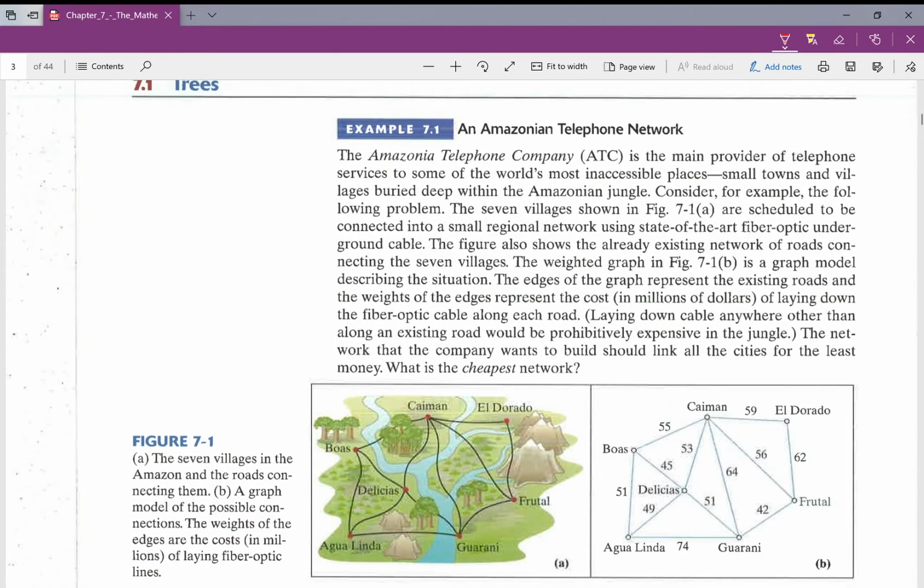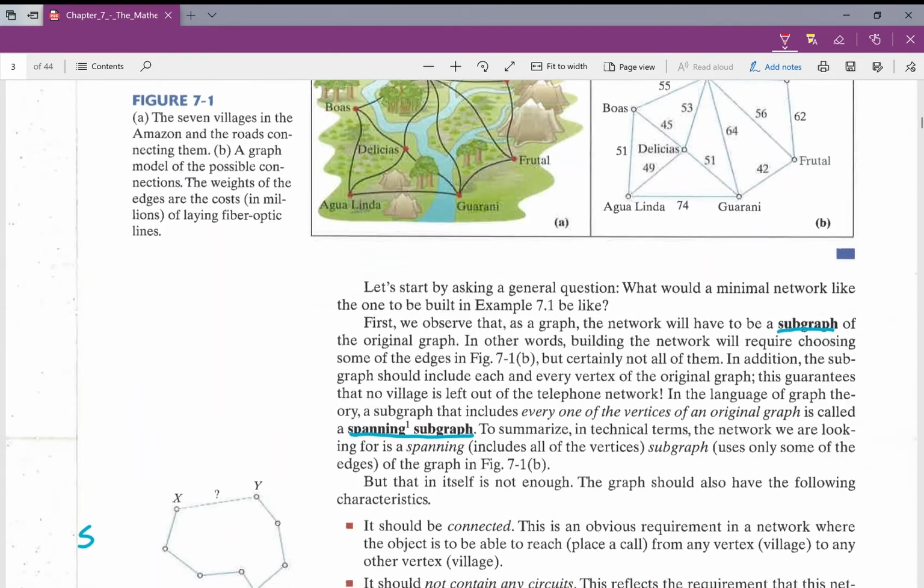So now that we understand what a subgraph is, we can go and focus on the spanning subgraph. The word spanning means that it must include every one of the vertices of the original graph.